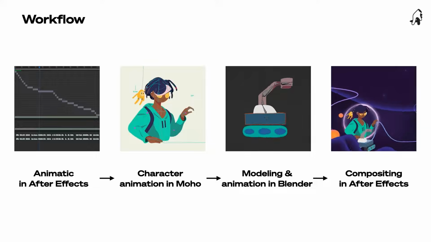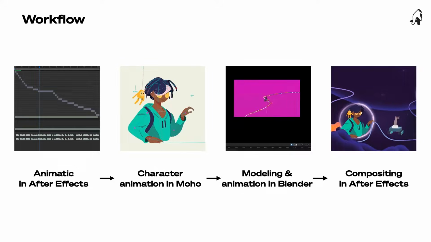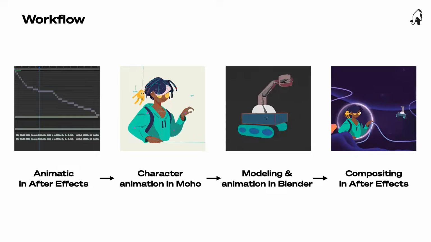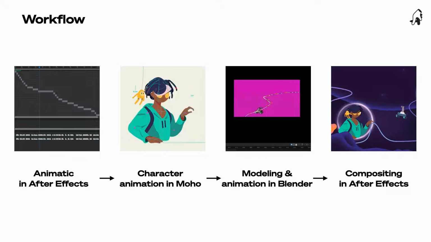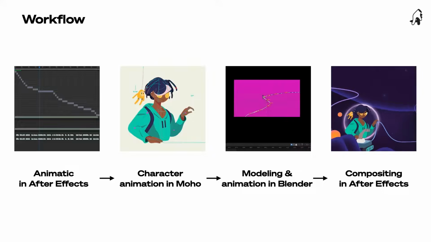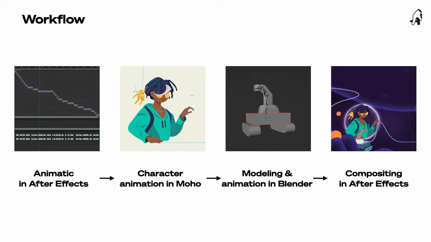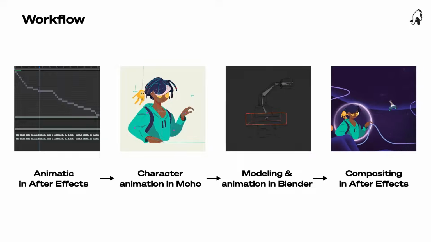And after we have both of those animations exported, the one from Moho and one from Blender, we are moving to After Effects, and we are importing them. And then we are checking if everything is correct, and if everything fits to one another. And we're adding all the other elements.